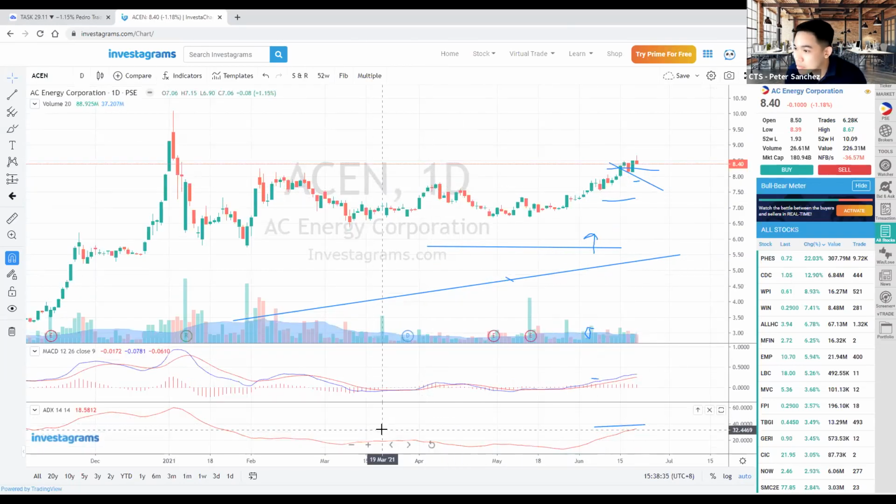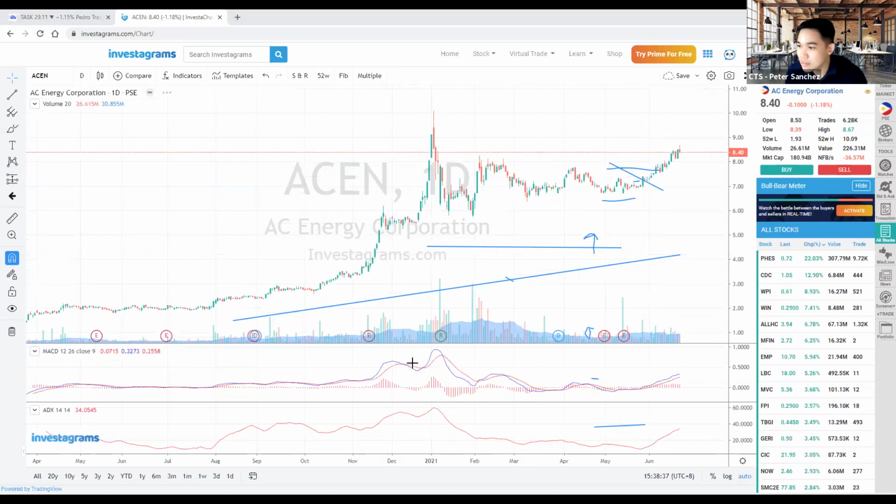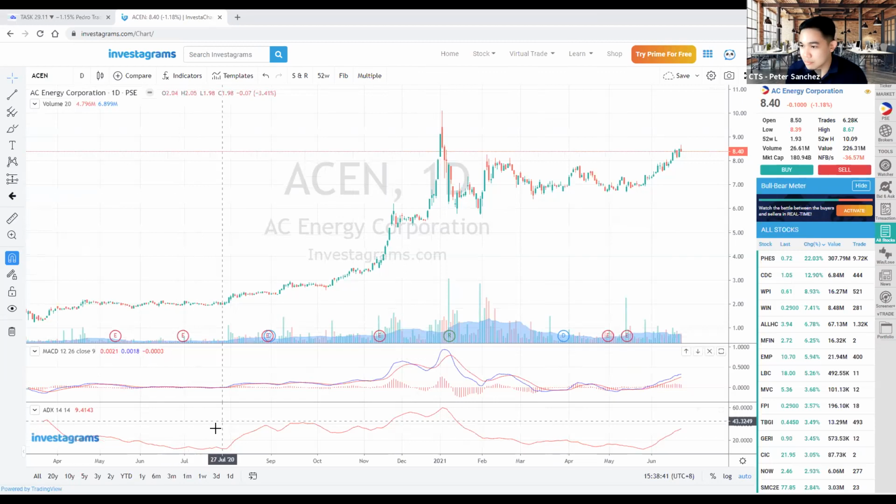Okay, so ASEN. First glance, we see, actually, hindi, nag-uptrend siya before, pero yung nag-break na siya. Mali na ang trendline dito.